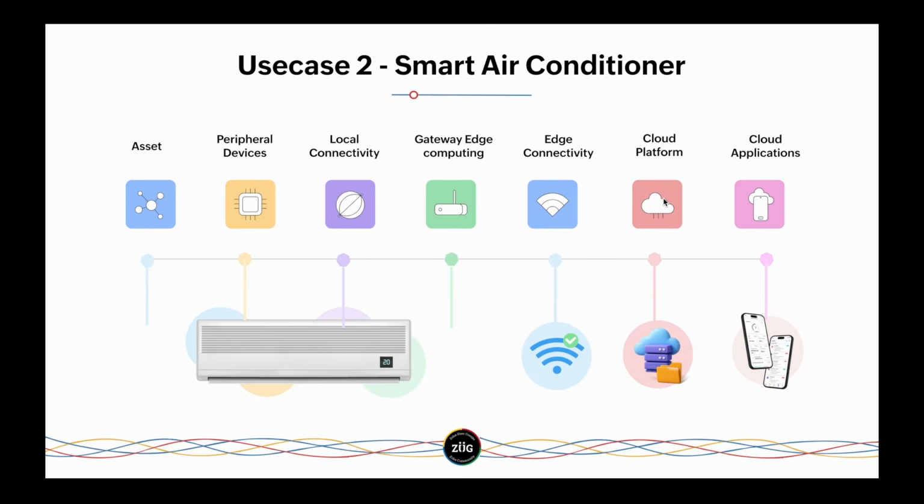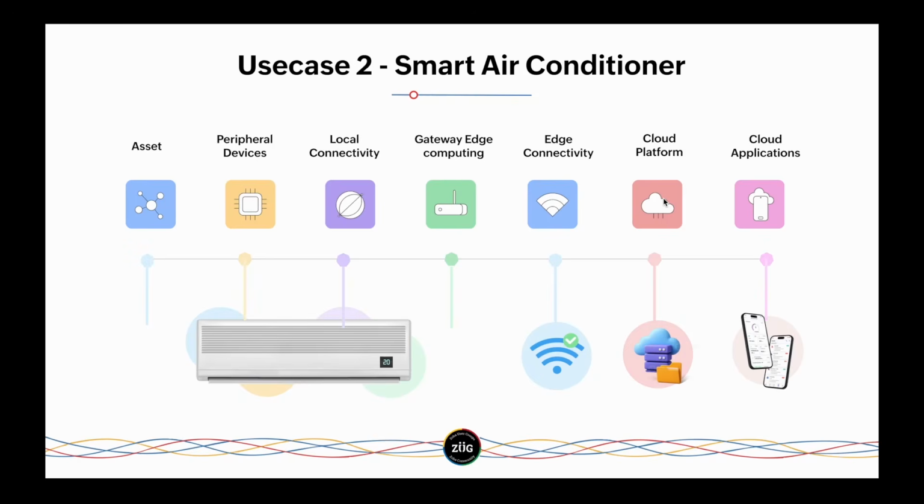These four components can even be composed inside one equipment. That is when we call it a smart asset, right? For example, air conditioners we call smart air conditioners because the asset has the sensors, the connectivity and the gateway capabilities inside it, and it is able to communicate directly to the cloud.